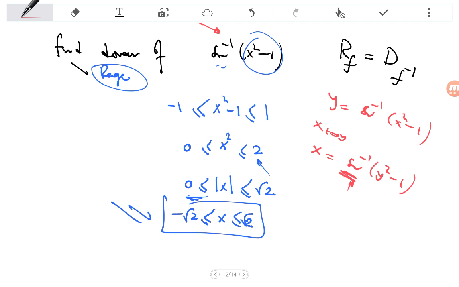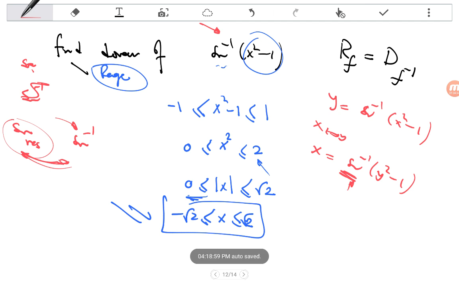Sine restricted and sine inverse are the two functions that are inverse to each other. When I ask what is the inverse of sine restricted, you will tell me sine inverse. What is the inverse of sine inverse? You will tell me the sine only? No, it is sine restricted. Okay?